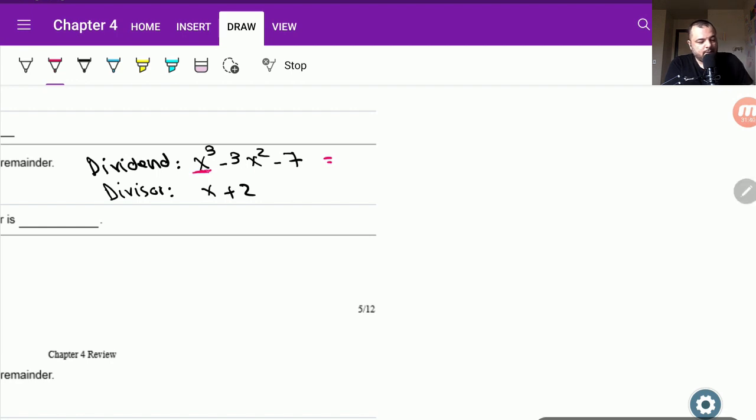So now we have x cubed already there, minus 3x squared, that's fine, but we are missing the term that has the first degree. So we're going to add this term by multiplying it by 0. Then the 0 degree term is minus 7. Good.